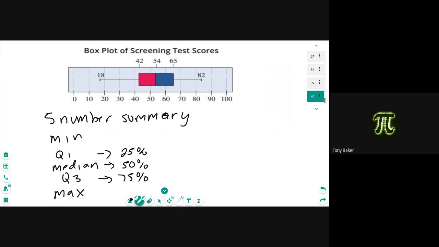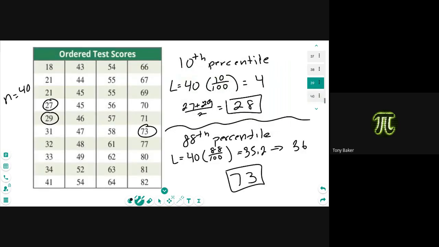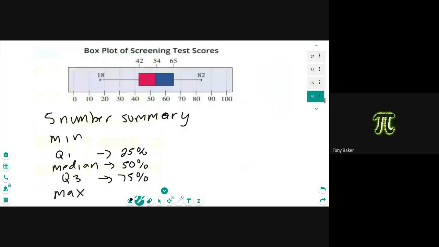So in this problem here, if we look, the lowest test score is 18, the highest test score is 82. So that's where the 18 and the 82 came from. Okay. The other 3 we can calculate just by finding our percentiles.